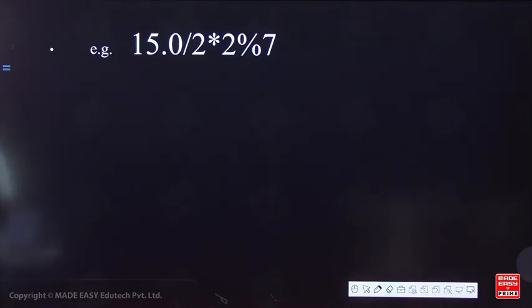Copy this example and tell me what answer you get. Yes sir, Patel Kushi, yes. What is the answer for this?